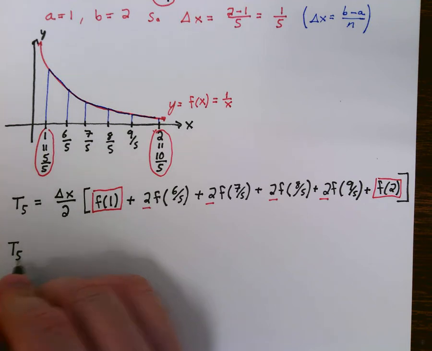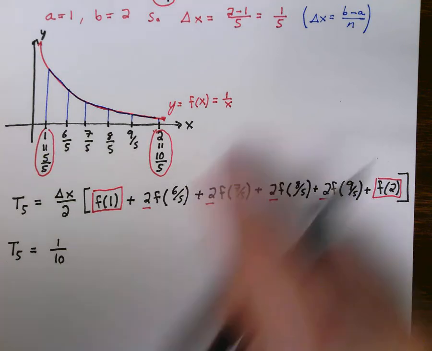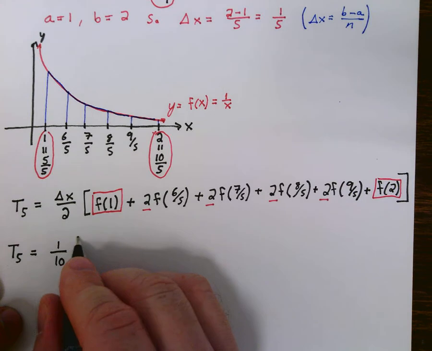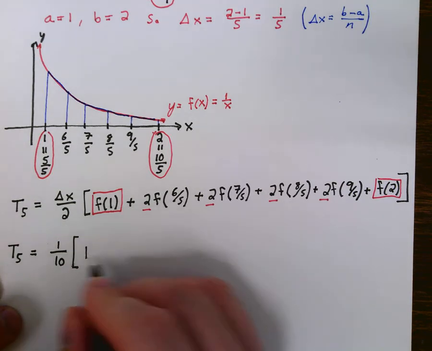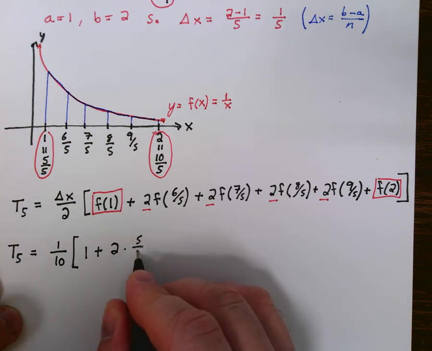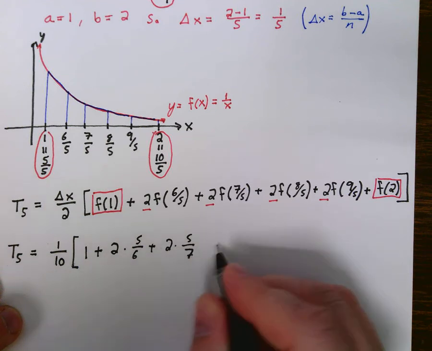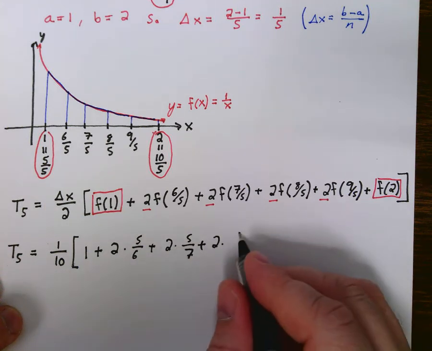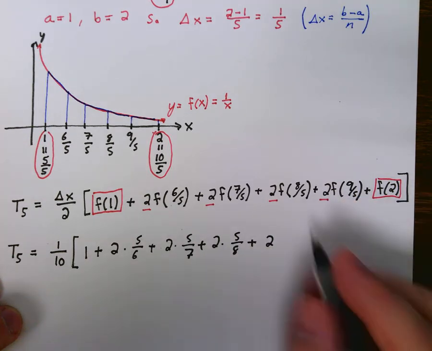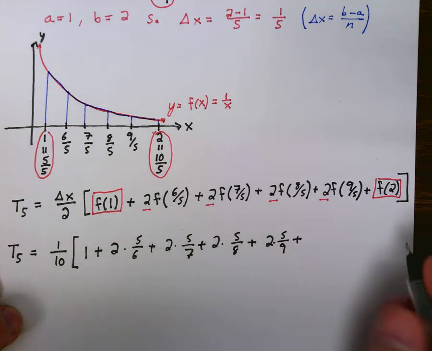That's 1/5. So T of 5 is going to equal 1/10, because I took 1/5 divided by 2, which is 1/10, times the reciprocal of 1, which is 1, plus 2 times the reciprocal of this, which is 5/6, plus 2 times 5/7, plus 2 times 5/8, plus 2 times the reciprocal, which is 5/9, plus the last one is just 1/2.